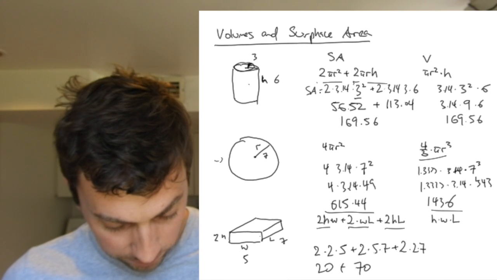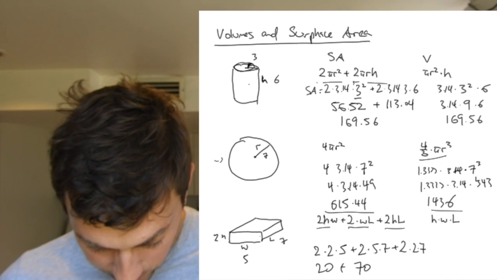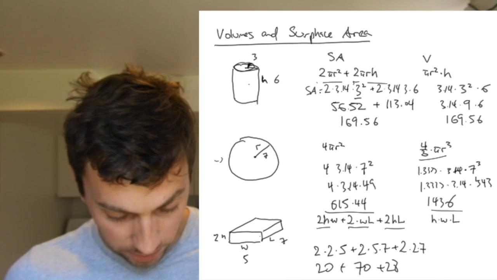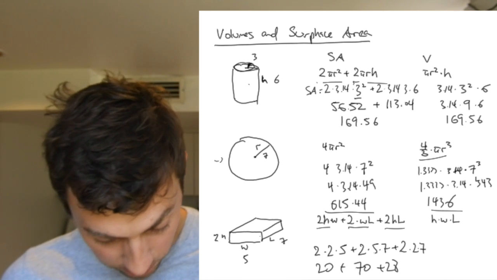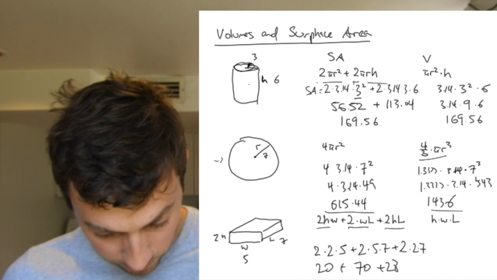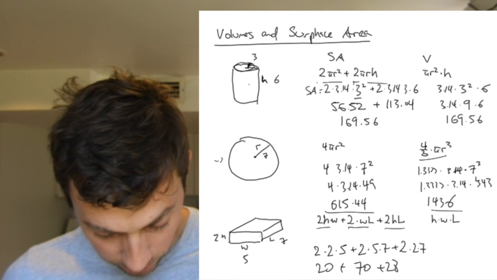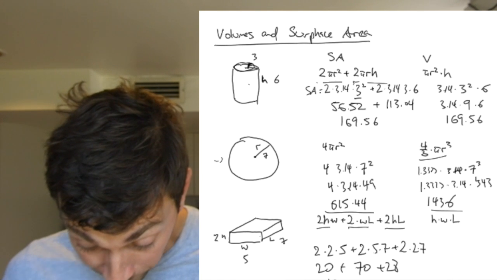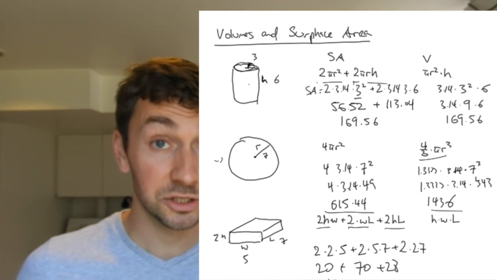And 2 times 2 times 7 is 28. Add those all up together, 20 plus 70 plus 28 equals 118.